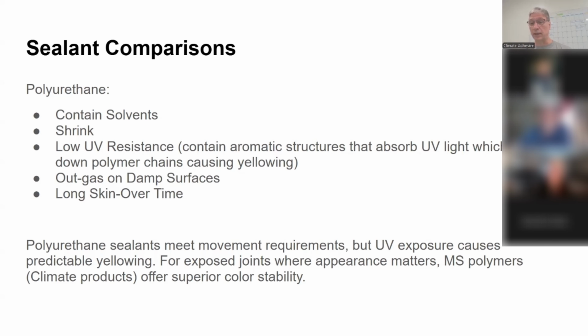You come in one day, you caulk a bunch of vertical control joints in, and you come back 2 days later and they're yellowish orange, and so that's a problem, of course. They can outgas on damp surfaces. They have a long skin over time. Can be a plus, can be a minus.